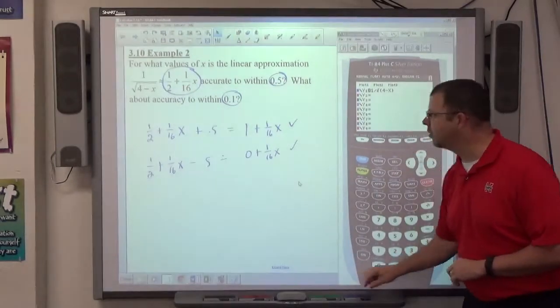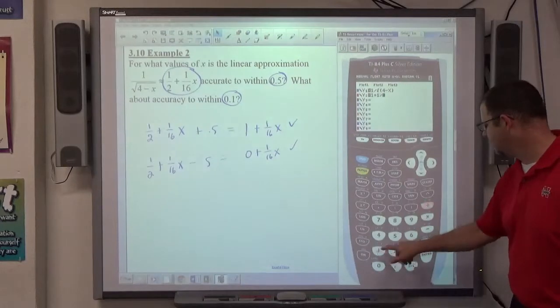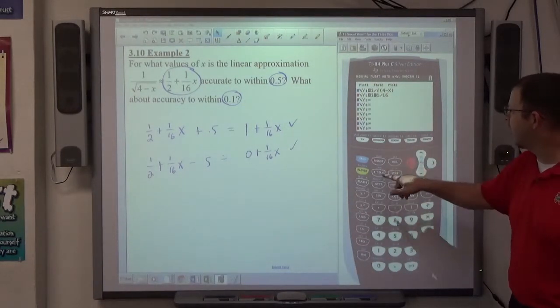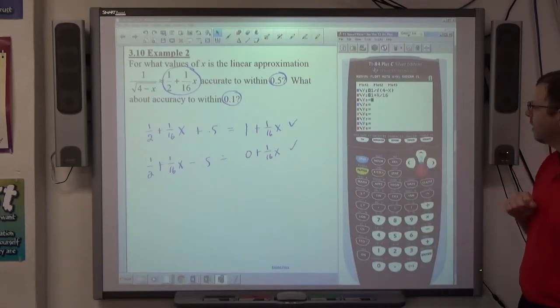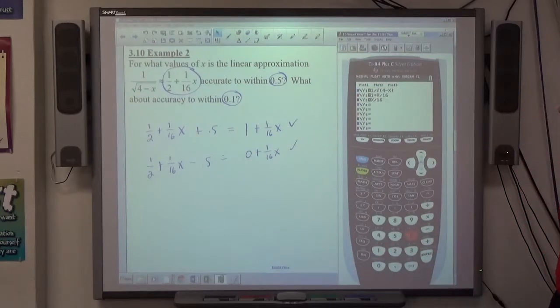All right. So let's do that. So 1 plus 1/16 x. 1/16 x is easier to type in as x over 16. Forgive me that. And the other one's just 1/16 x, so x over 16. All right?